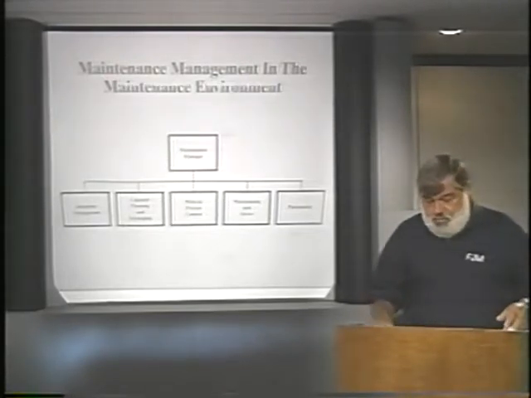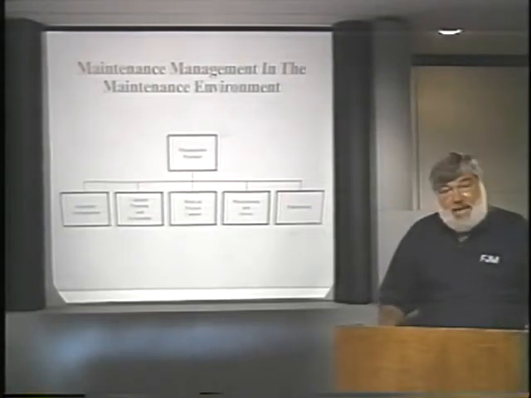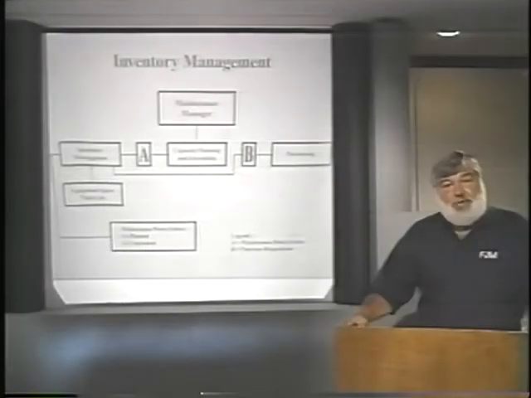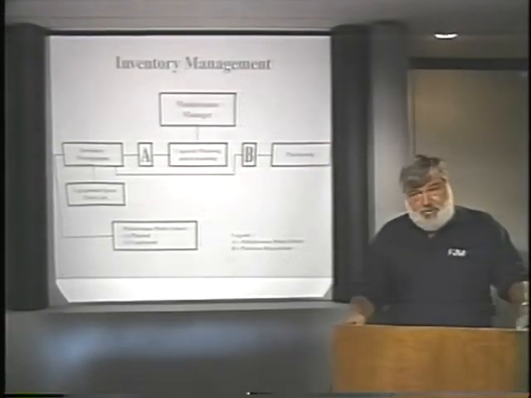Now, moving forward to page 11, we're going to show you how these functions, I should say, are integrated in some of the basic data elements that are going to be required in order to have a successful PM program. The first one is entitled Inventory Management.